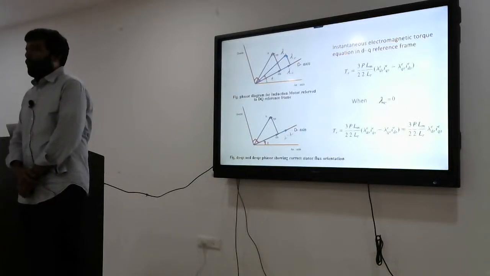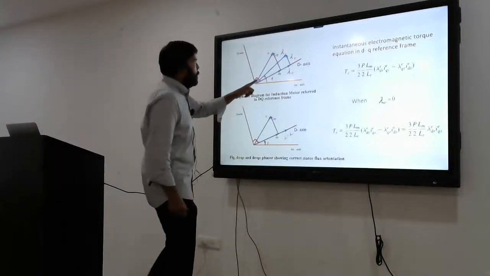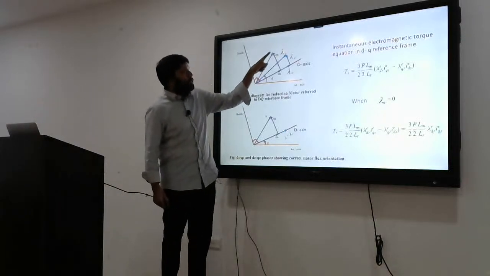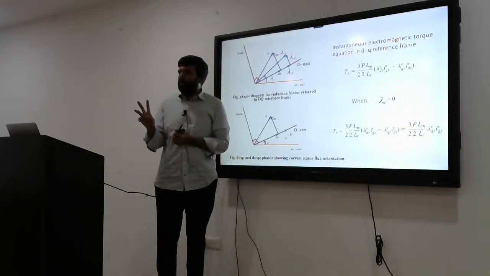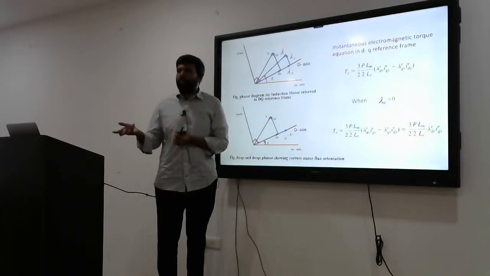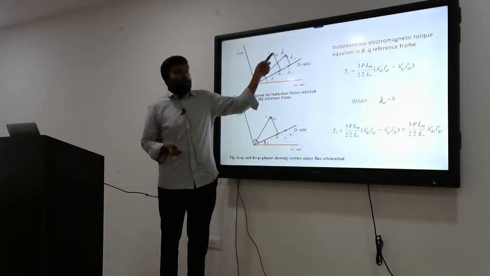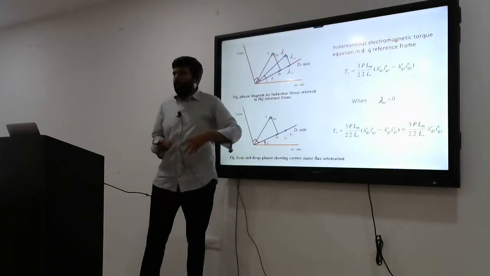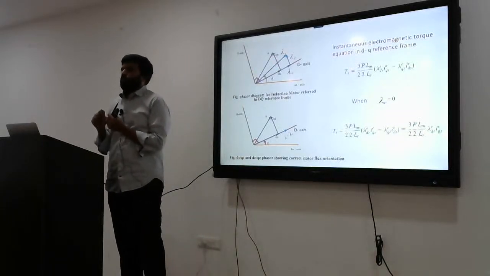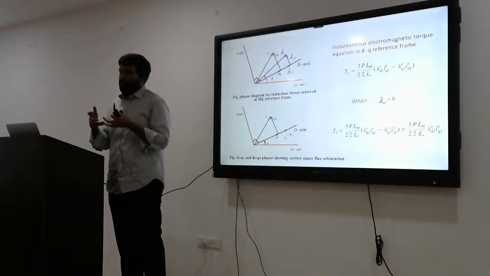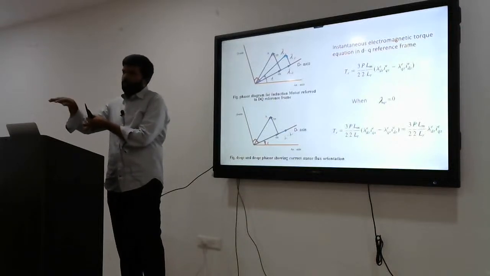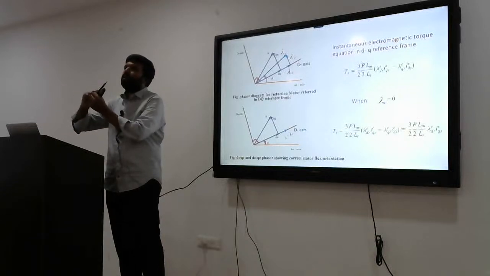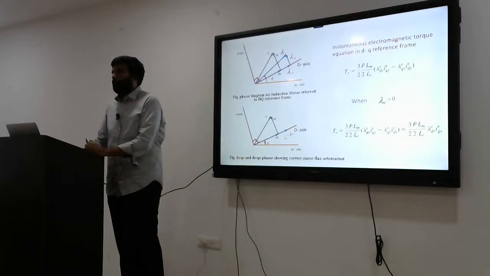So how will they convert? This morning we already discussed that the resultant stator flux or resultant rotor flux we can produce using three-phase currents: IAS, IBS, ICS, resultant is IS. The resultant rotor flux lambda we can produce using the resultant of A phase, B phase, C phase rotor flux.